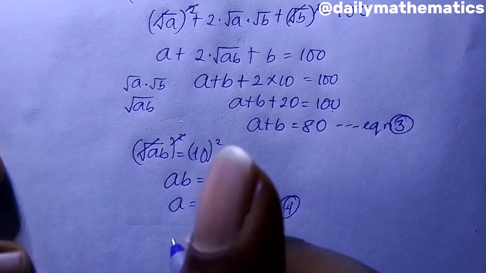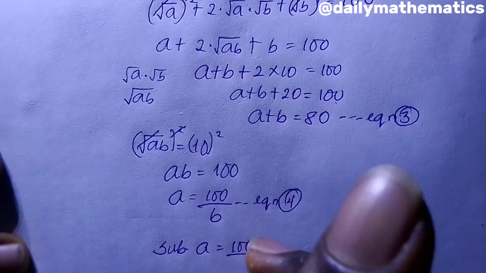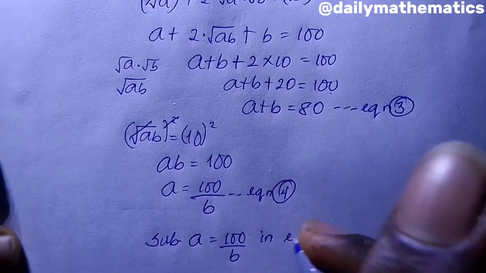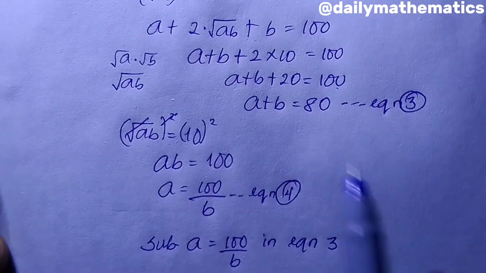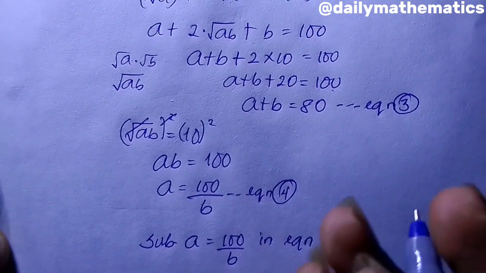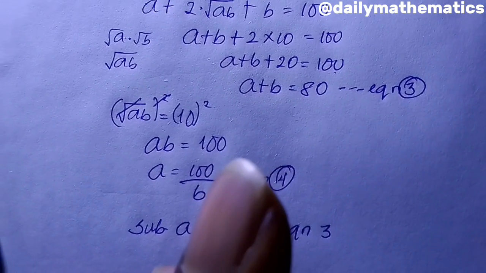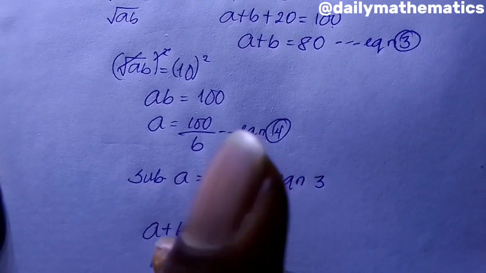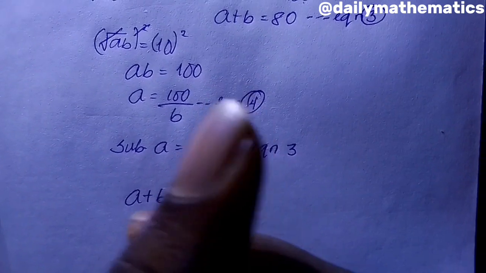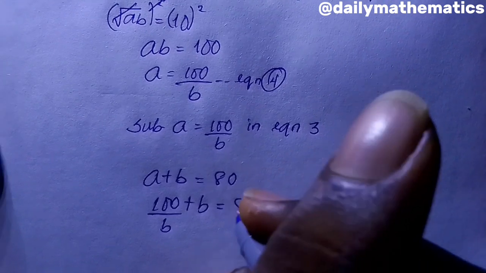So from here we can substitute a equals 100 over b in equation 3. This is our equation 3 that we got here: a plus b equals 80, and now we see that a is 100 over b. So we have 100 over b plus b equals 80.